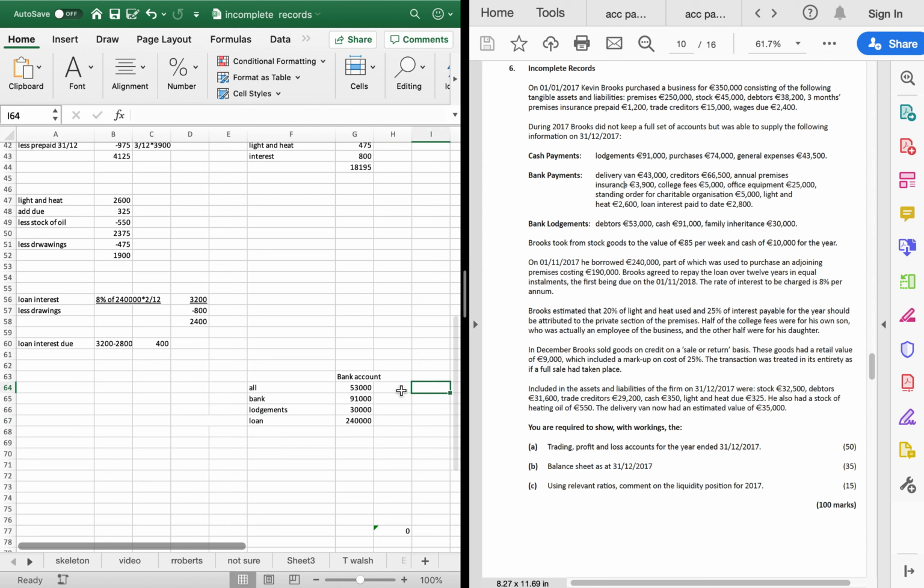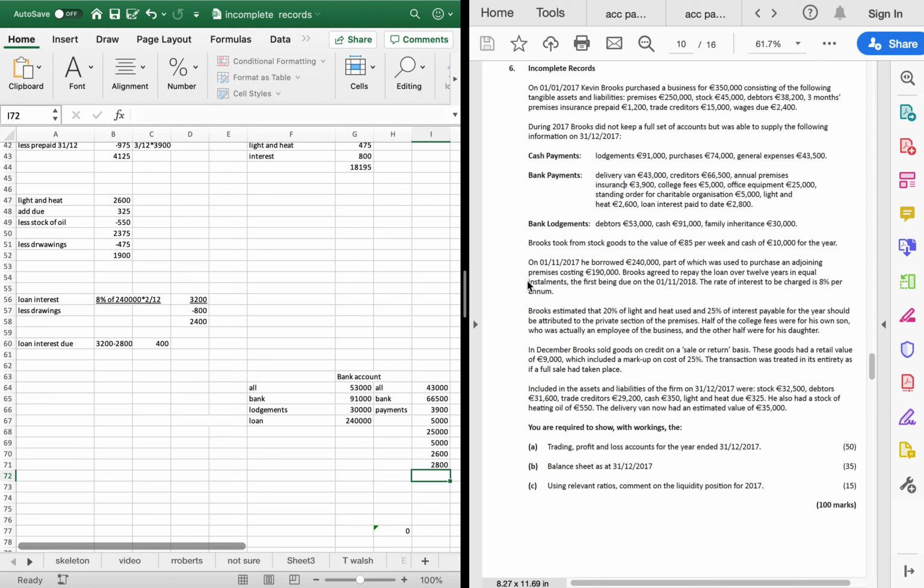On the right hand side, I'm going to put in all of my bank payments. So all of my bank payments are the 43,000, the 66.5, the insurance at 3,900, college fees 5,000, office equipment 25,000, the charitable donation of 5,000, light and heat at 2,600, and the loan interest paid of 2,800.